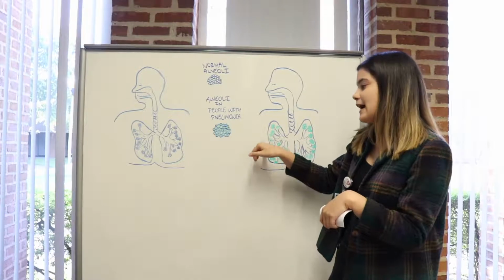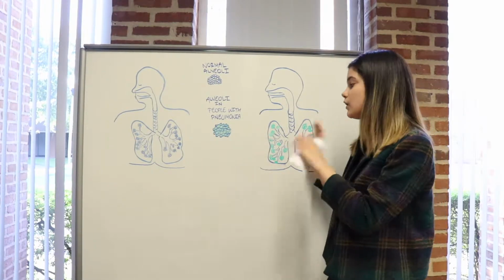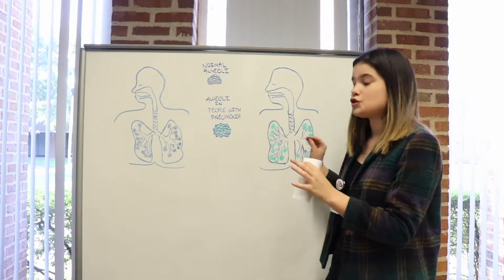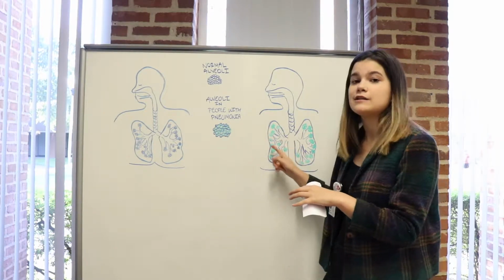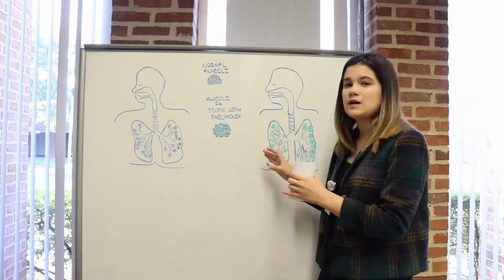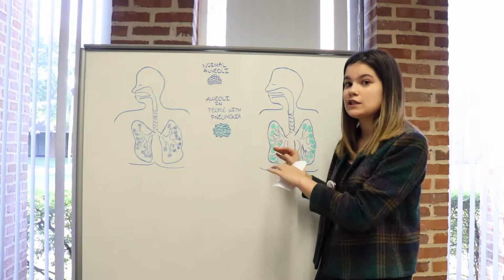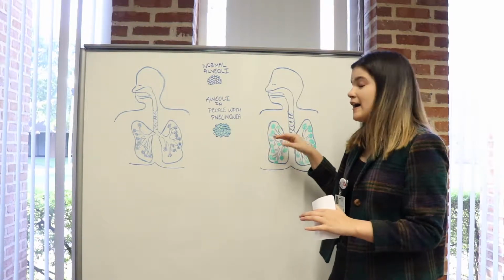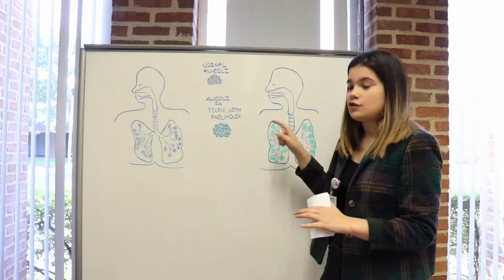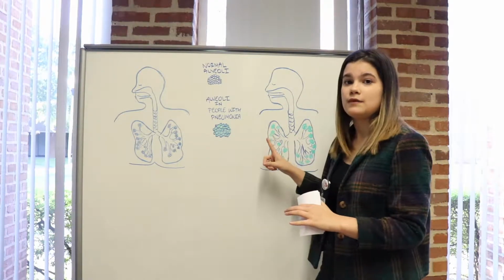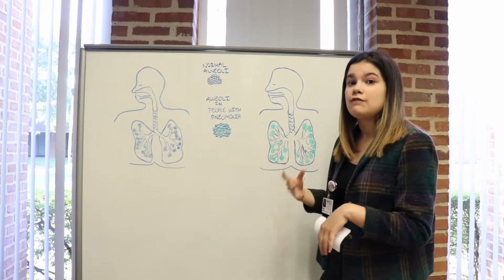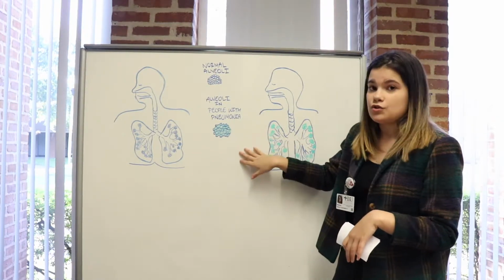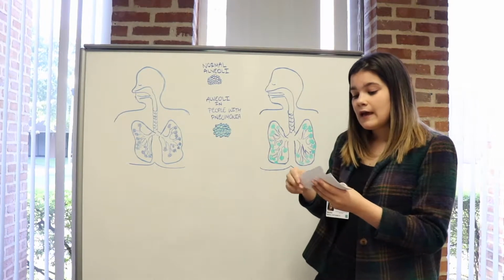And so once they get to the alveoli, you're going to have a flood of neutrophils trying to fight that pathological organism. And what's going to happen is there's going to be a buildup of edema and a whole lot of mucus production in the alveoli. And so that is going to interfere with the gas exchange. So oxygen is not going to be able to be picked up as well, and carbon dioxide is not going to be able to leave the lungs as well. And then that's when you start having problems.